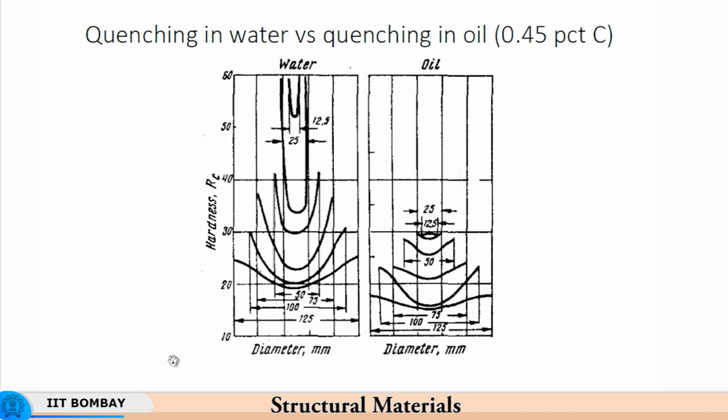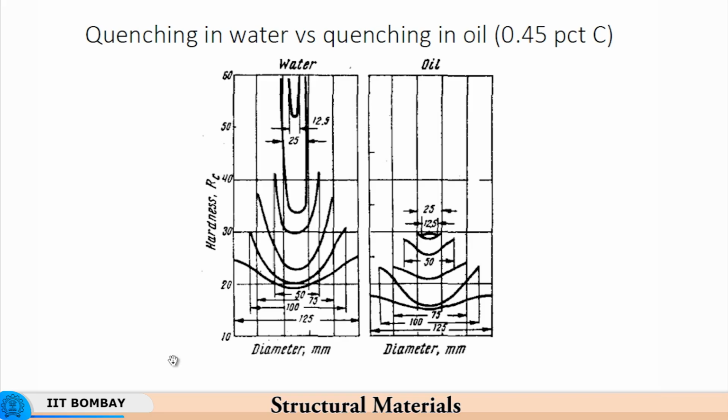At the surface you see a very high cooling rate, while at the interior the cooling rates are proportionally slower. If the diameter is small, the entire section sees nearly the same cooling rate, and that is why the overall hardness is much greater. Even in a thin section the central portion sees a smaller cooling rate, but much higher than the center of a bigger diameter.